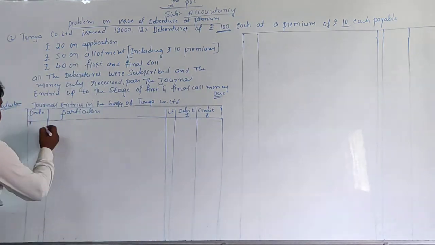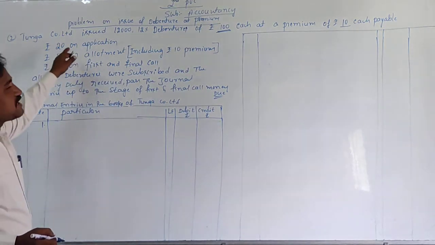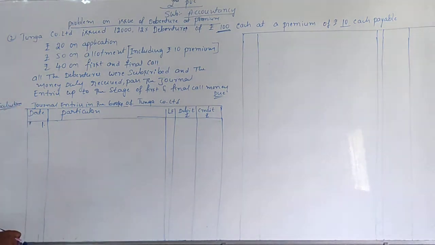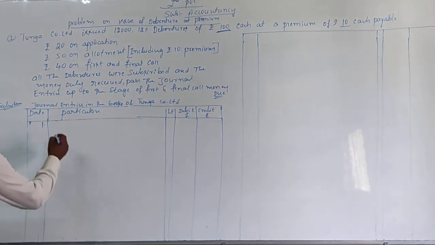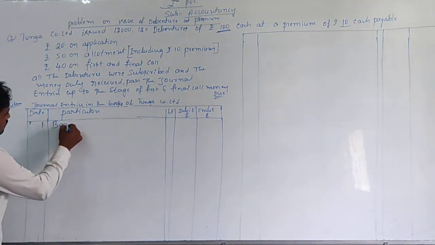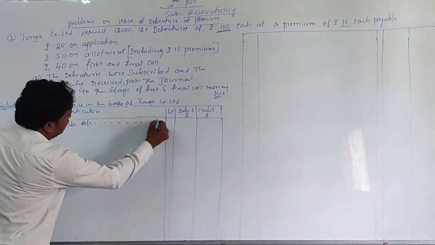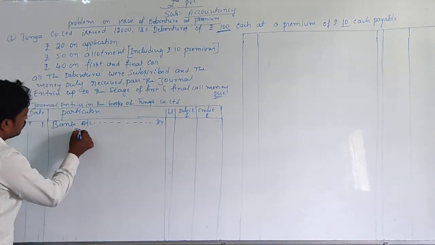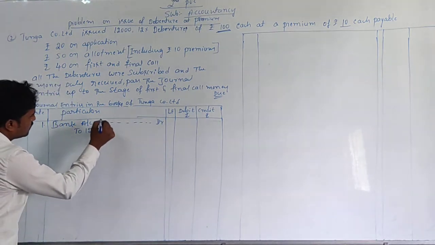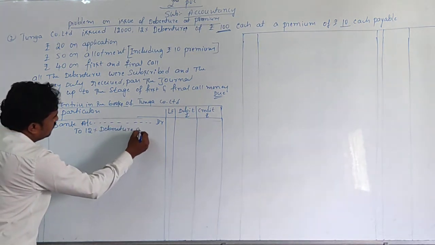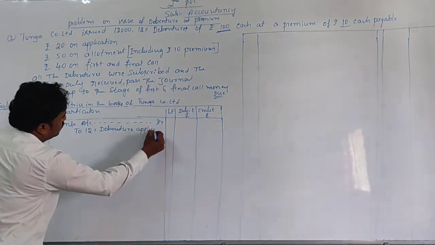The first one, on application stage you have to make two journal entries, one entry for receive, one more entry for transfer. For receive: Bank account debit to 12% debenture application account.